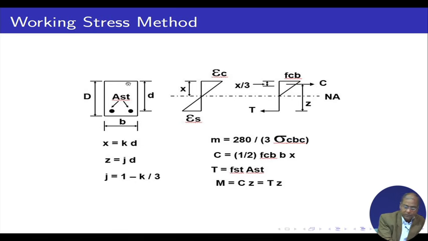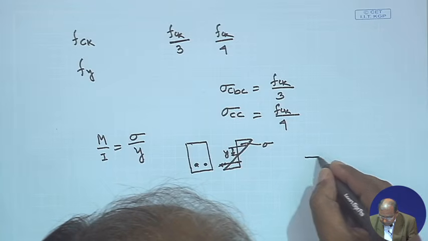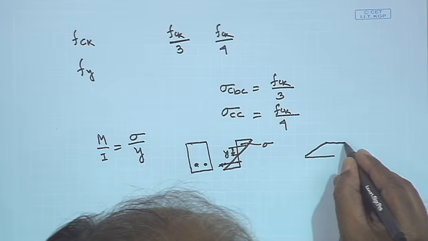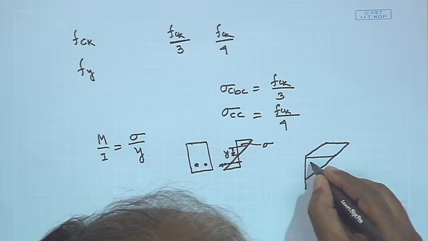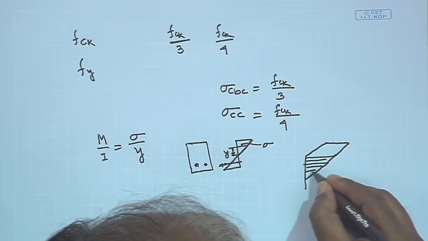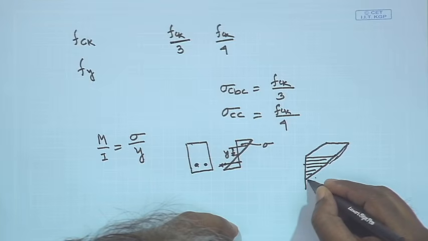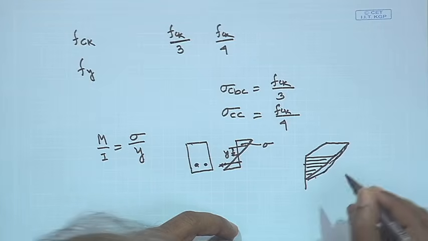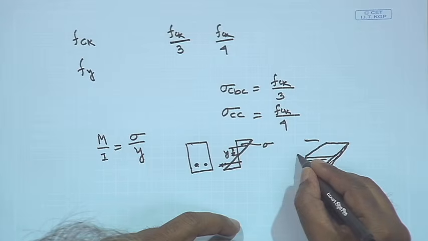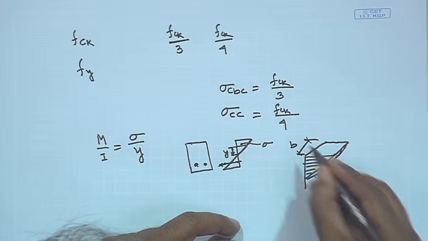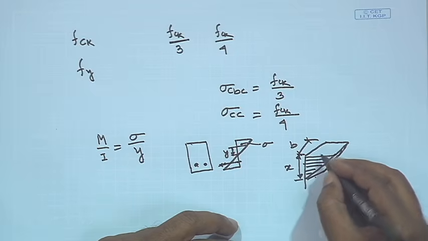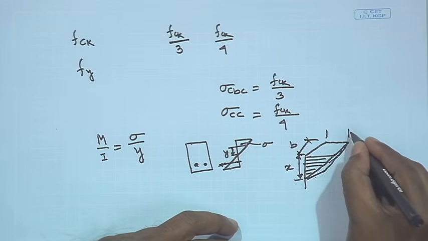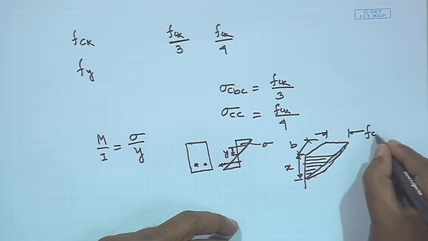Just to give you an idea, this is b, this is x, and this portion is FCB.